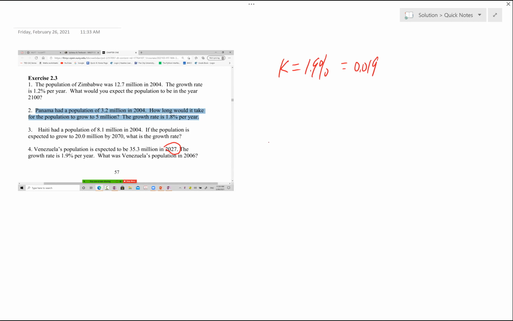You're assuming 2006 is the initial year, so this is where the initial population occurs. N0 occurs here, and in 2027 must be NT, so NT is 35.3 million.